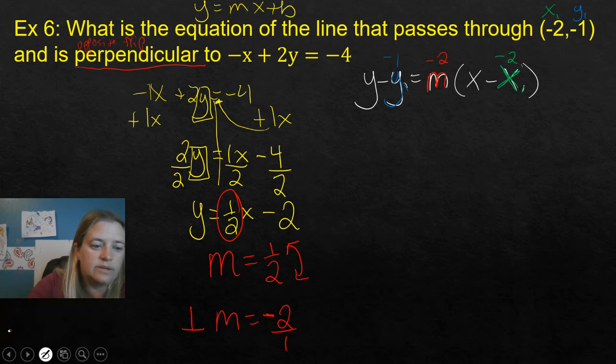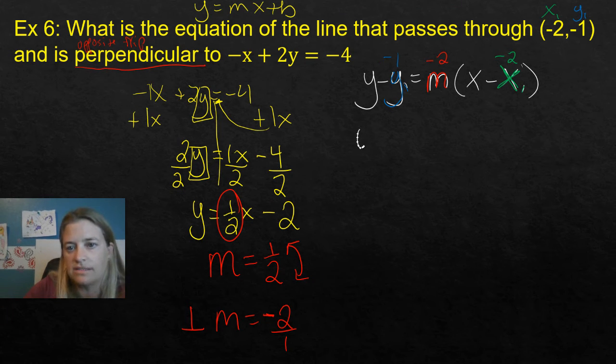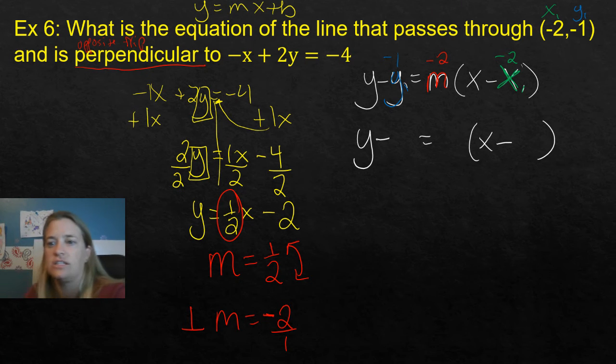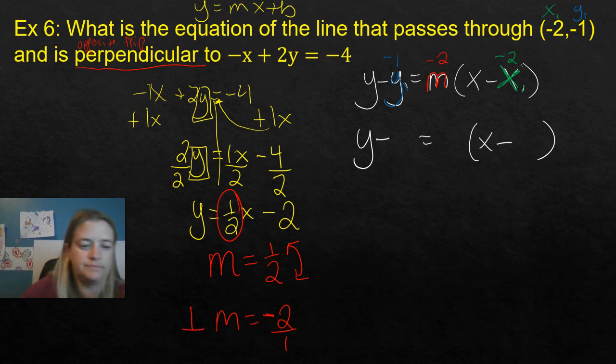All right, so now we're going to just go ahead and make this a little cleaner. We're going to write y minus, leave a spot, equals a blank spot, x minus, leave a blank spot, and we're going to actually plug in those numbers. So negative 2, because our perpendicular slope was negative 2.